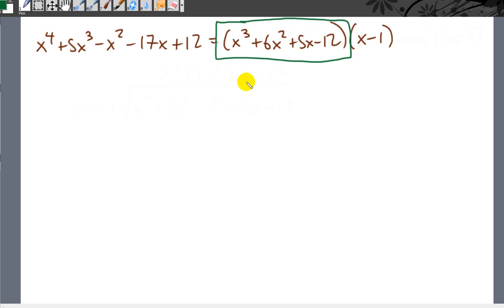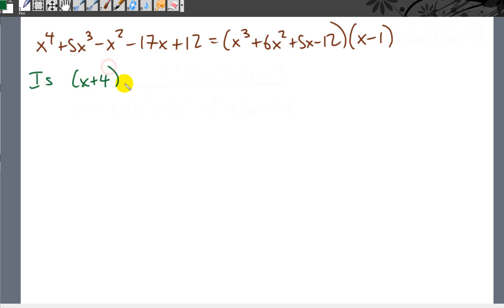Let's try to figure out if x plus 4 is a factor of x cubed plus 6x squared plus 5x minus 12.